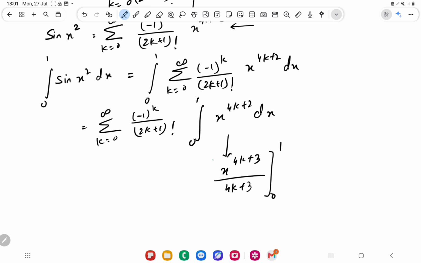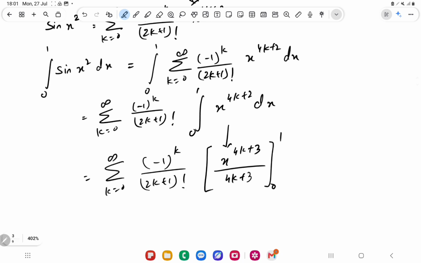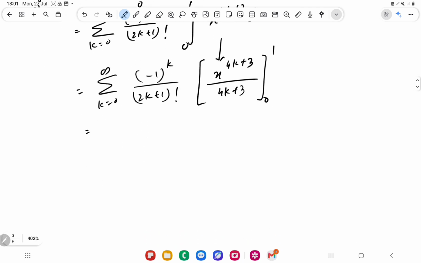Now I just need to substitute the limits. This thing will be the same, so I am writing it as it is, 2k plus 1 factorial, k is equals to 0 to infinity. Now when I put the limits, I will be getting minus 1 to the power k over, so in the denominator I can write it like this factorial multiplied by 4k plus 3.